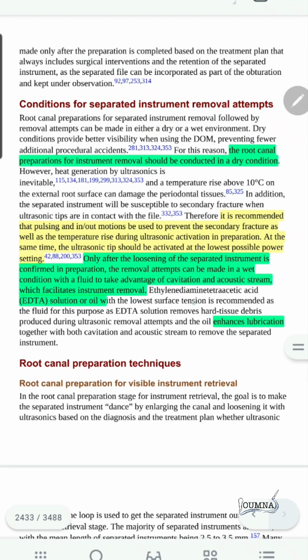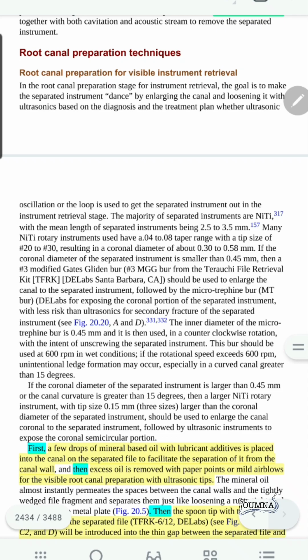Cavitation means that we are creating air bubbles that apply a force when they burst, and they will enhance the cleaning effectiveness of the fluid. Also, it will help the file to get out of the canal. The motion is a pulsing in and out with the lowest possible power setting.